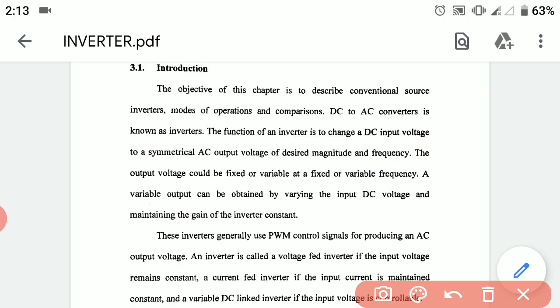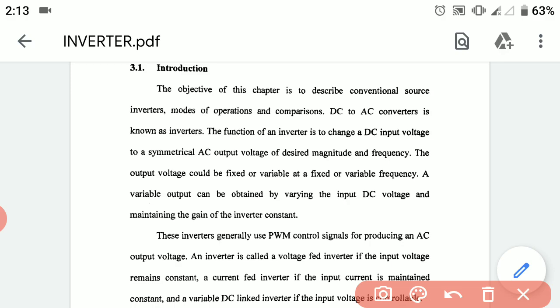So these are the cases that we have just discussed: both voltage and frequency fixed, only frequency variable, or only magnitude of voltage variable. So it can be of any type.